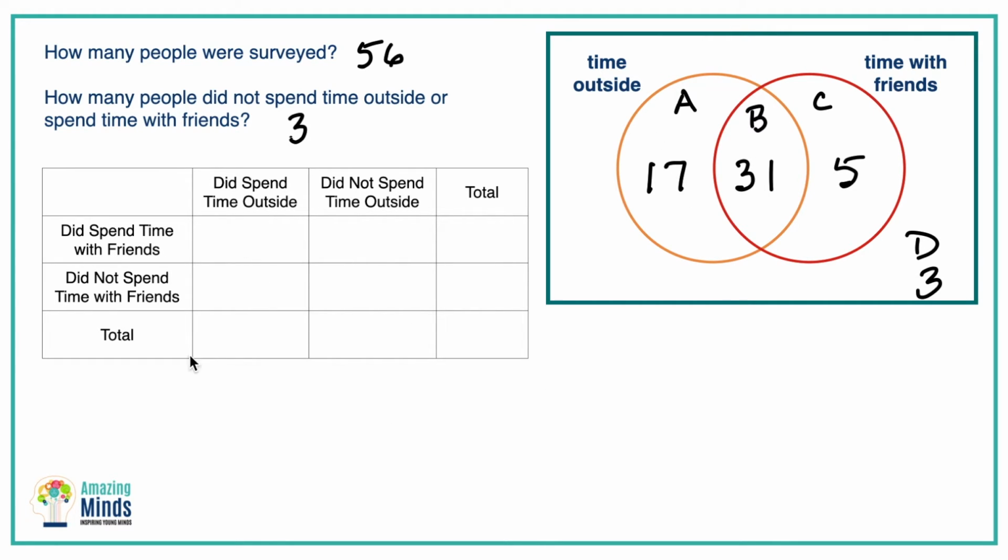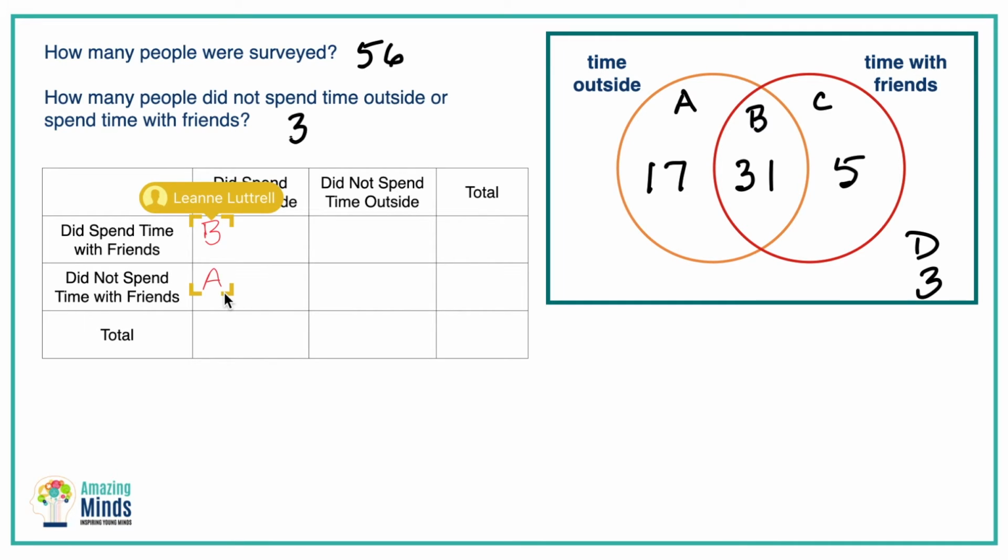So you know A and B are somewhere here, and just have them think about it, work with a team, and label the sections with variables, because they'll see, okay, did spend time with both: they spent time outside, but they also spent time with friends. So that's B. And this section is people who spent time outside and did not spend time with friends.